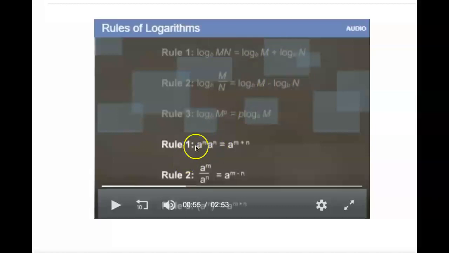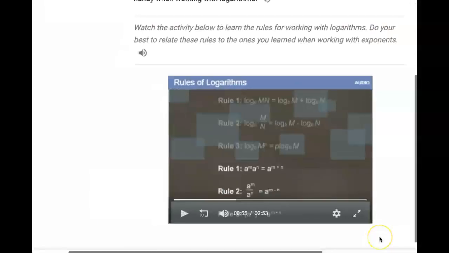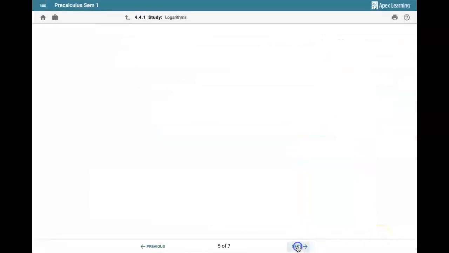And then looking at these rules that we already know, if I have a to the power of m times a to the power of n, that's added together, divided is subtraction, and then raised to the power of something else is multiplication, okay? So there are a lot of similarities here between exponents and logs, but it is different than some of the other things we've seen for quadratics. So just be careful and pay attention to those as you go.